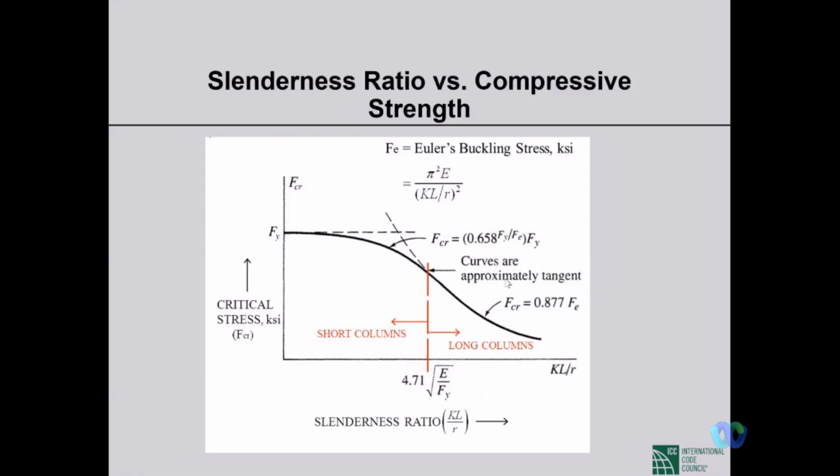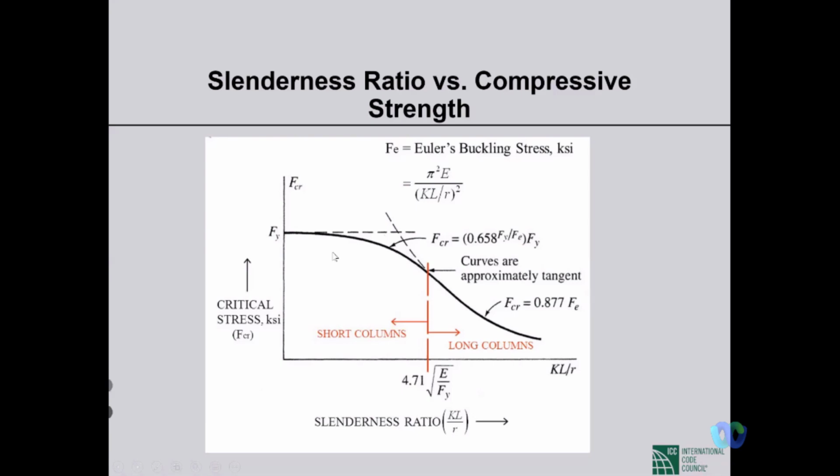So depending on the KL by r ratio, the longer the member, the less stress it can endure before buckling. So the curve goes down on the right side of the red line, like a parabola, a second order curve. That is for long columns, and for short columns, two things may happen.